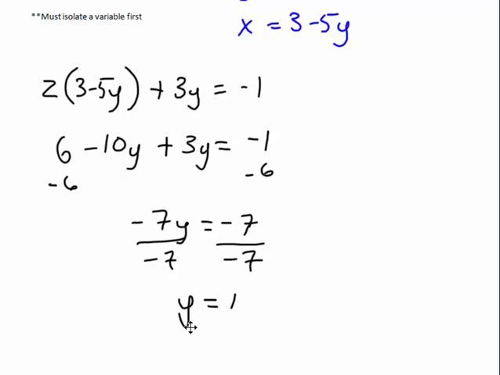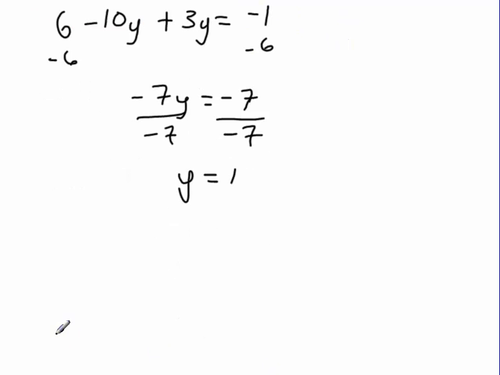Now, I have solved for a variable. I need to solve for the other one. So, x is already solved for with this one right here, isn't it? So I could take this y value and plug it into there, and solve for x. And again, we really want to make sure everything's organized, and my pen is too big. Usually I'd write it just to the right here, but I'm going to go ahead and plug it in down below. So x equals 3 minus 5y.